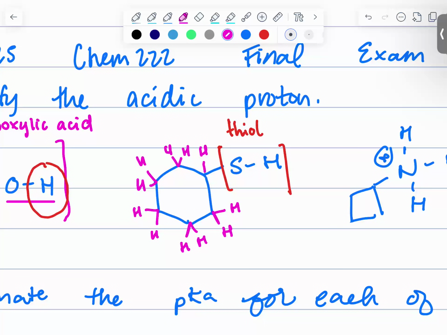Can you say why, or do you know why? So this is our most acidic proton. Usually you'll find your most acidic protons next to or attached to a heteroatom of some kind, or a carbanion or carbocation of some kind. And we can look at our pKa table for lots of examples of acidic protons.